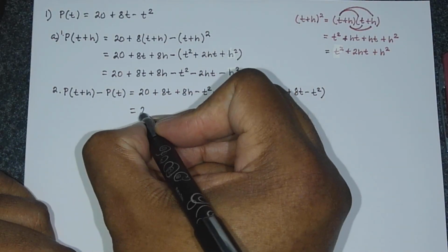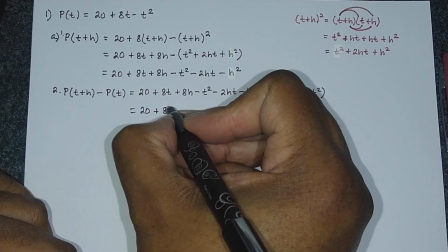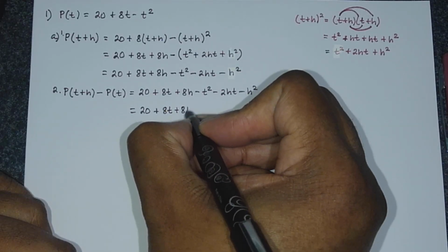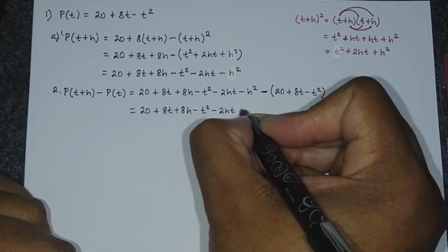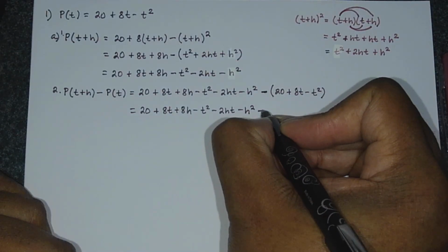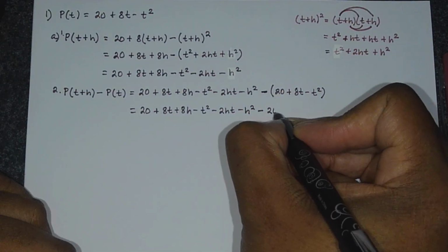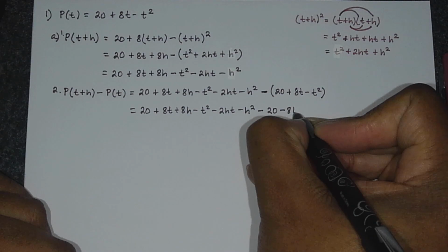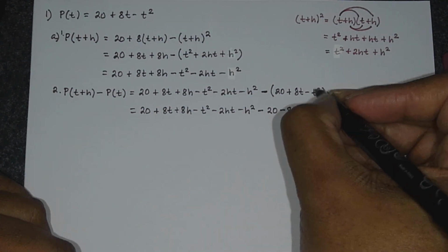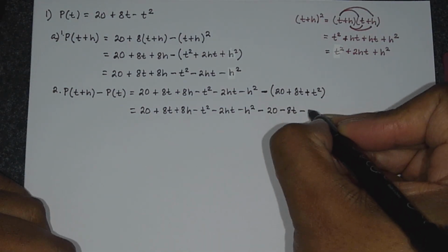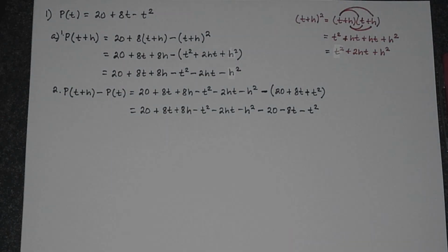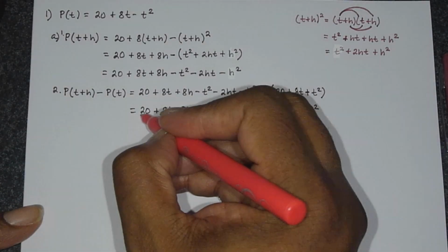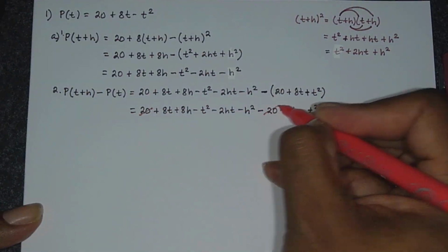And then if I distribute, that 20 becomes minus 20, plus 8T becomes a minus 8T. This should be plus T squared, but then it's going to become minus T squared. And then if I combine like terms here, these 20s are gone.